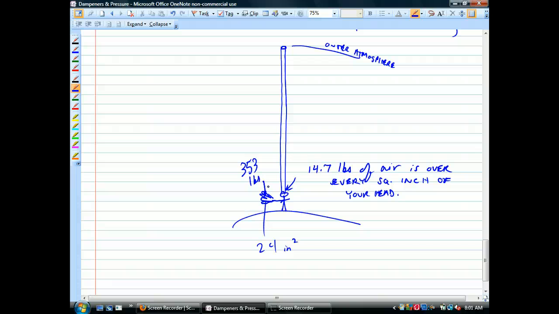If this was 6 square inches, that would be about 84 pounds pushing on this thing against the wall. So to pull it off, I've got to exert 84 pounds of force. Why? Because I pushed out the air that was behind it. If I just hold this here, it doesn't hold against the wall because there's air behind it pushing out with the same force. But as soon as I remove the air from between these, it suddenly becomes hard to separate them, even for a brute like myself.